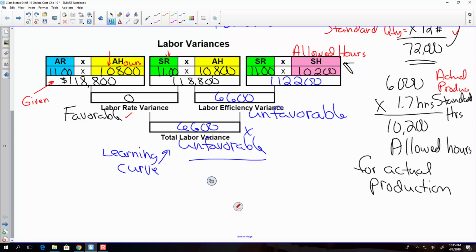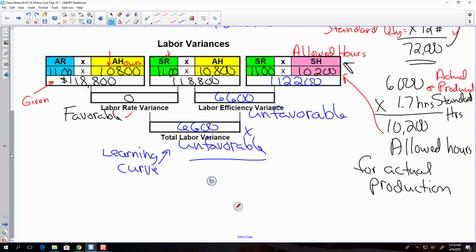So we actually produced 6,000 units. The 1.7 hours is again coming from our standard cost section. And if you look at the standard quantity amount, we should be able to make 1 unit in 1.7 hours. That's the standard hours allowed for making 1 unit. So if I take our actual units times 1.7, we should have made those parts in 10,200 hours. So that number is my purple number, the 10,200.